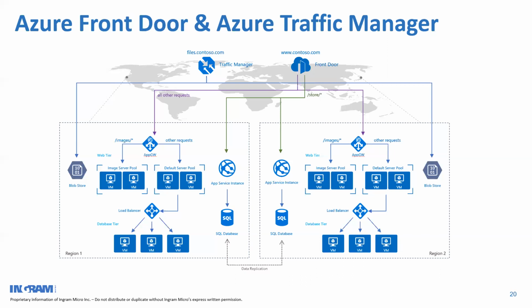Front Door is an intelligent load balancer, right? It understands the traffic. It understands HTTP, HTTPS, API connections, and cloud services, and it is able to route the traffic to the right location or the right service, depending on the request.